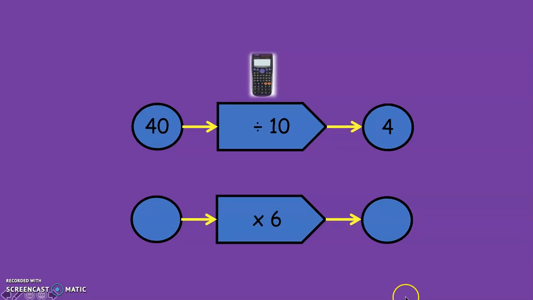Right, next example. So for a function machine this time, we are multiplying by 6, and my answer is 42. So I'd like you to have a wee shot at this one. You can use a calculator if you want. You should be able to do it without one, but so what number, when I multiply by 6, do I get an answer of 42? Have a shot at it.